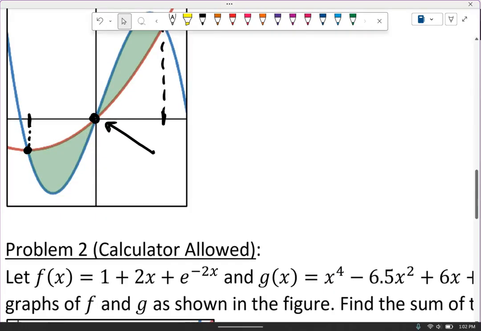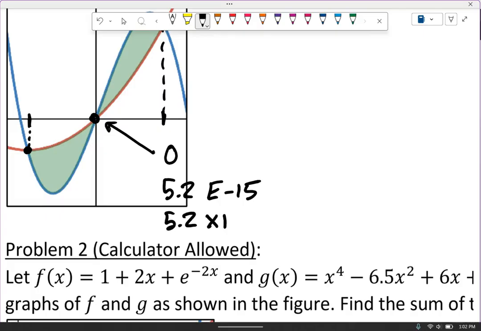I had 2 TI calculators right next to each other that were doing this. One gave the value as 0. The other one gave the value as 5.2 e negative 15.